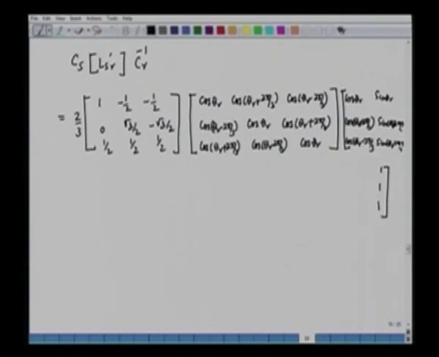So, this is the last column of this particular matrix. Now, if you simplify this, this will turn out to be the following matrix.